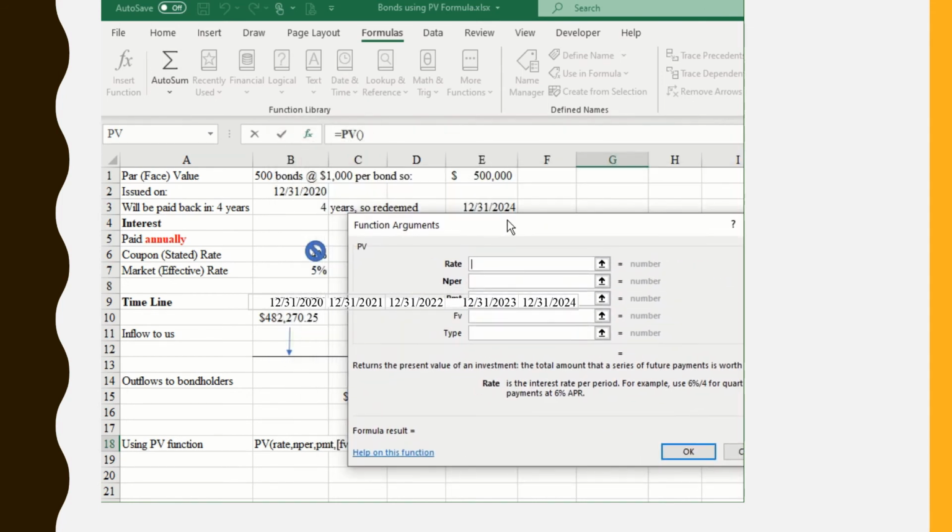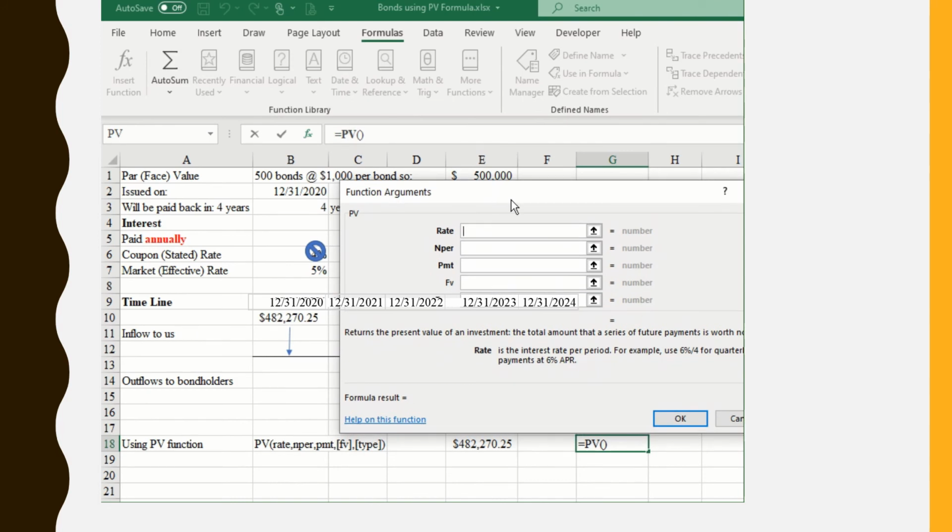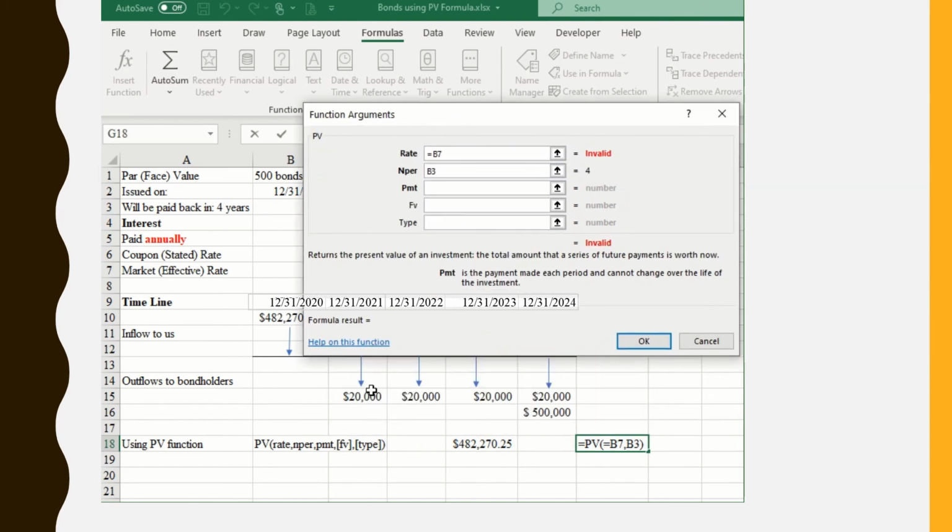So if you kind of forget what's going on, your rate, still have to use that 5%. Your number of periods is the 4. You don't have to use the equal sign. Your payment is the 20. Your future value is the 500.